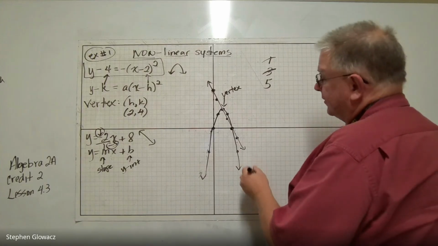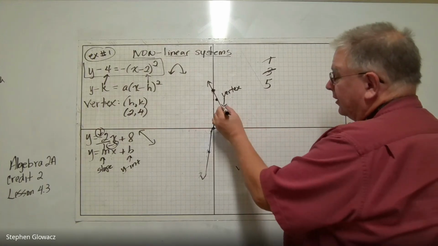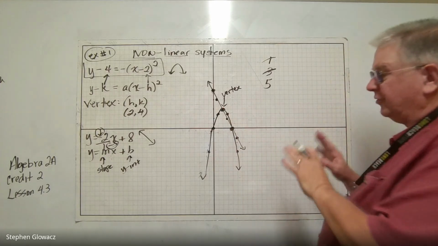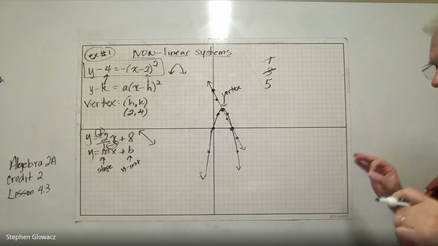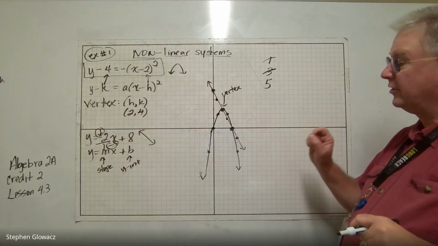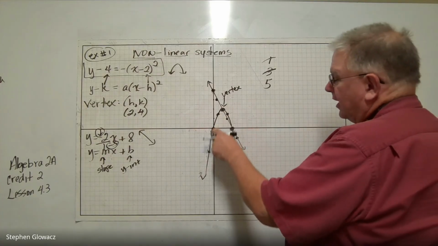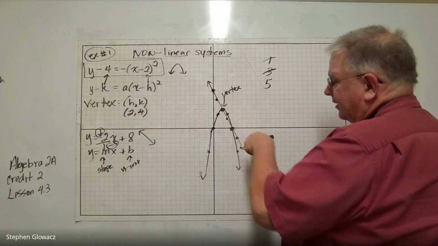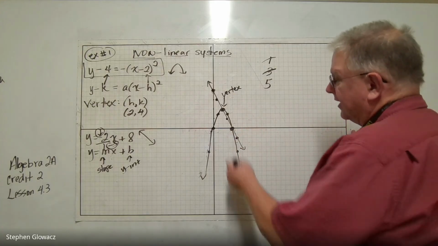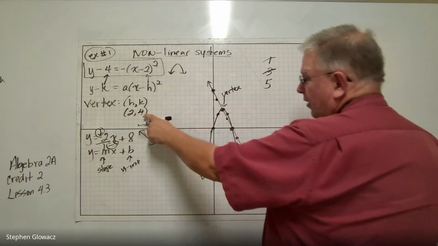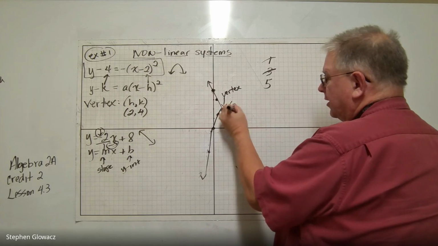And then also, even though you're not going to be asked to determine the solutions, you can determine the solutions by looking for the points of intersection. If we wanted to determine the solutions for this system, we're just looking where the parabola and the line intersect. So one point was coincidentally here at the vertex, which we already know is 2 and 4.